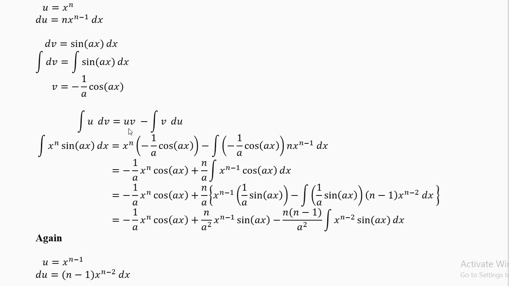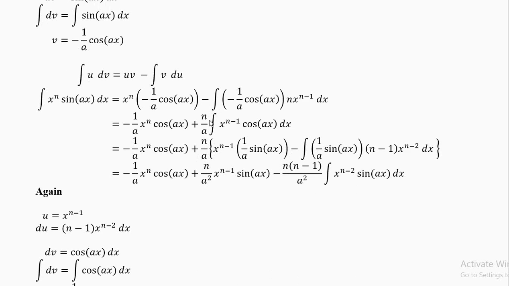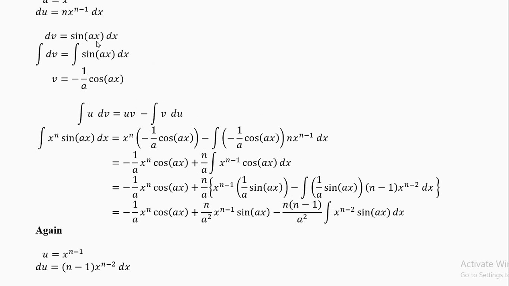Now use the integration formula, put the things together, you will get x power n into minus 1 over a cos ax, minus the integral of v du. So this is the v and the du is n x power n minus 1 dx. Now this minus 1 by a and n will come out.